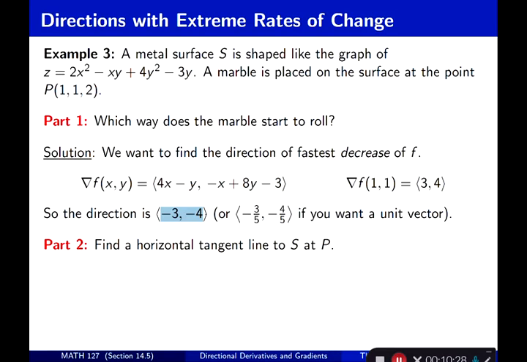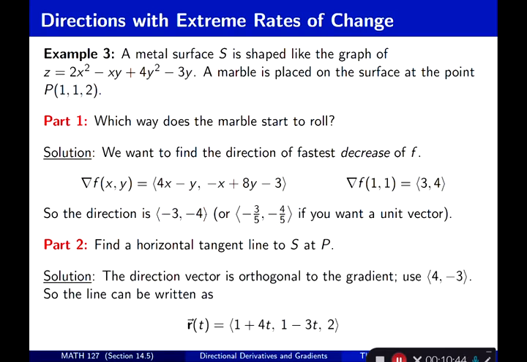So that's the direction we go to get the horizontal tangent line. A horizontal tangent line also means that z is not changing. For x and y, (4, -3) is the direction, and z doesn't change.